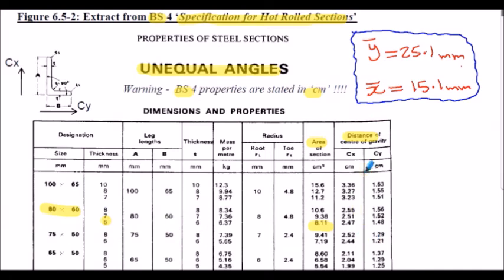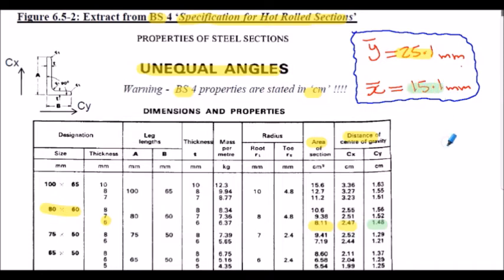If you now look at their X bar dimension, which is actually our Y bar dimension, they've got 2.47 centimetres, so that's 24.7 millimetres. Our Y bar dimension was 25.1 millimetres. And considering BS4's Y bar dimension, which is our X bar, they have a value of 1.48 centimetres, that's 14.8 millimetres. And we have an X bar of 15.1 millimetres.